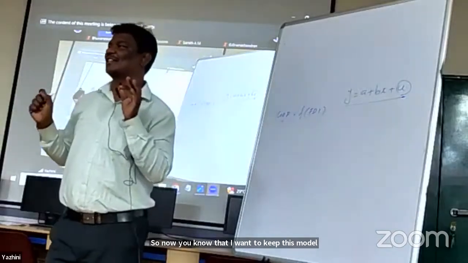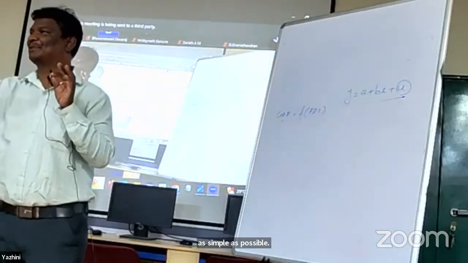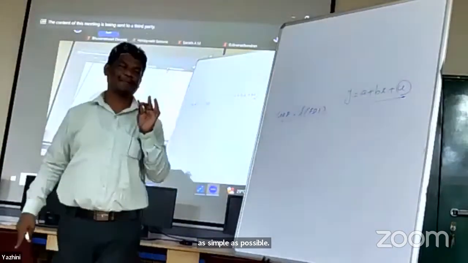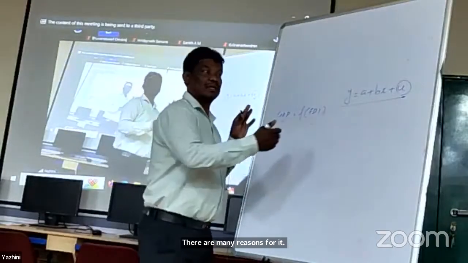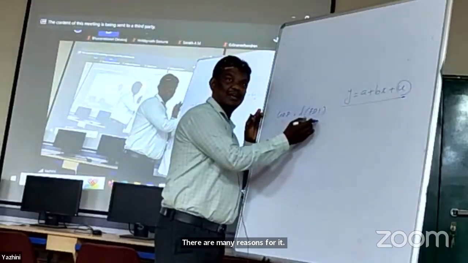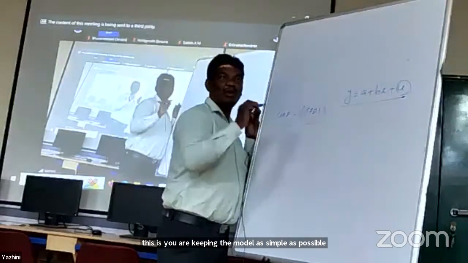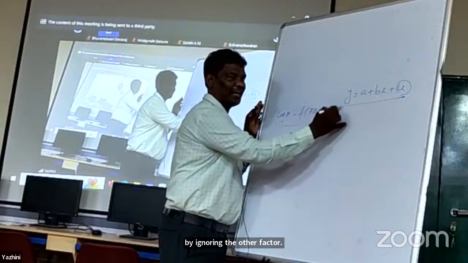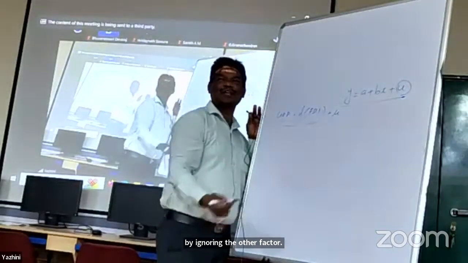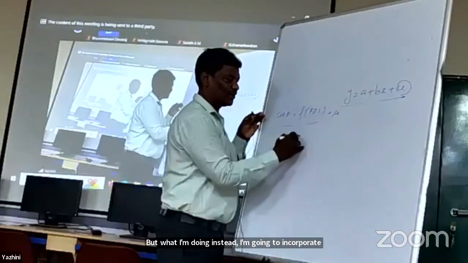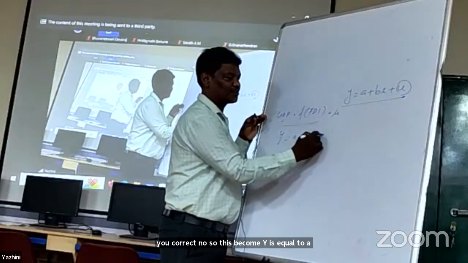Now I want to keep this model as simple as possible. I am not interested in incorporating more variables. There are many reasons for it. So you are keeping the model as simple as possible by ignoring the other factors. But instead, I'm going to incorporate u. So this becomes y is equal to a plus bx plus u.